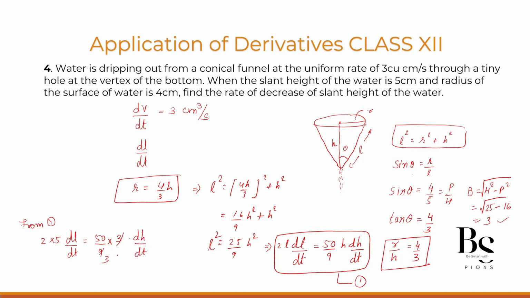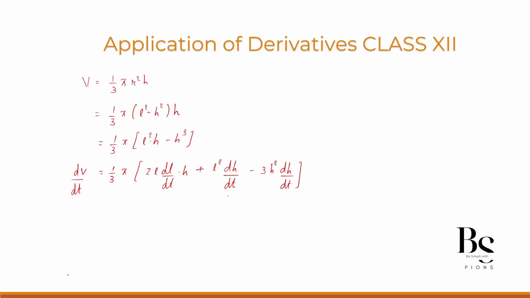Correct? So let's cancel out these 3s and dh by dt. Let me take this 3 on the top. So 10 into 3 divided by 50 dL by dt is equal to dh by dt. And 10 and this cancel out, it will be 5. So this will give you 3 by 5 dL by dt, that is dh by dt.